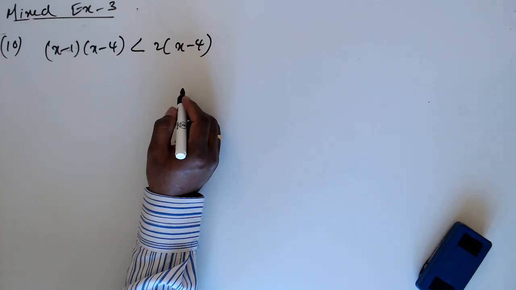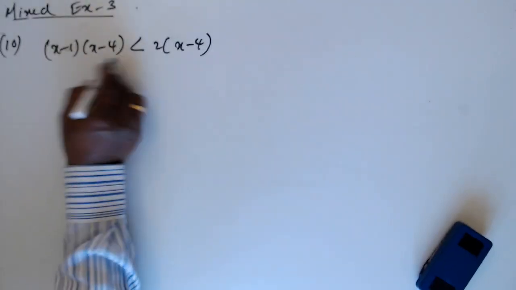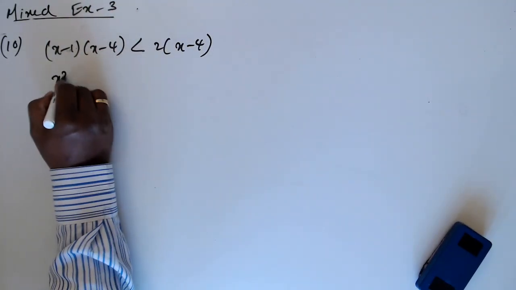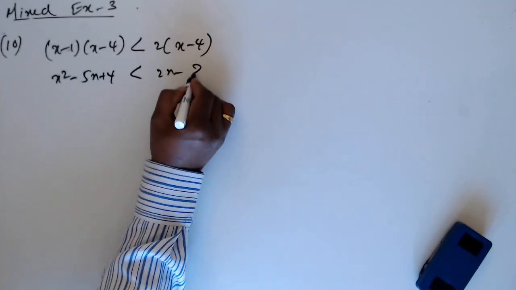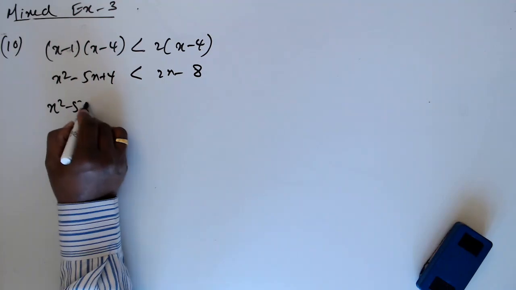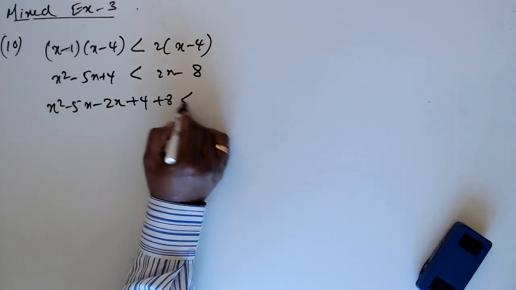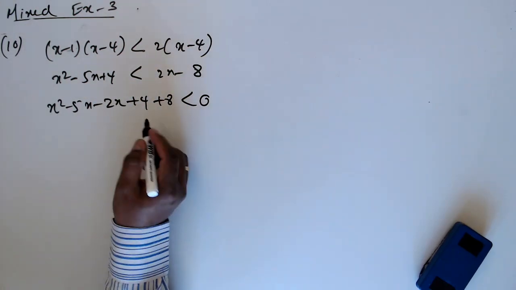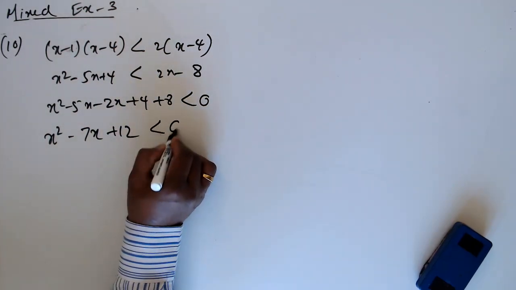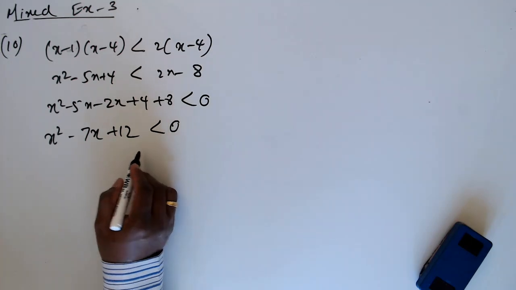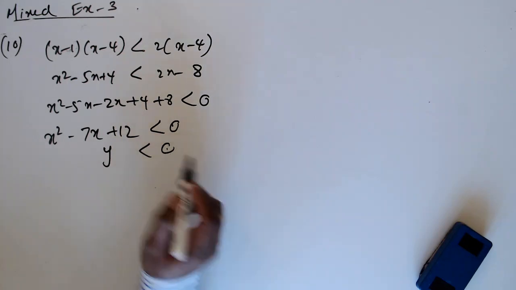Let's try number 10. We have to expand this one first. x square minus 5x plus 4 less than 2x minus 8. x square minus 5x minus 2x plus 4 plus 8 less than 0, moving to this side. So now x square minus 7x plus 12 less than 0. Now we consider the area where y is less than 0.